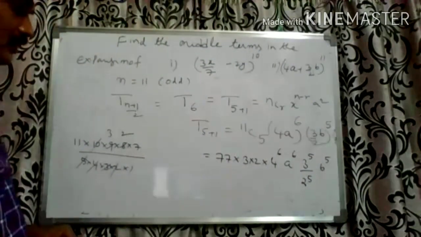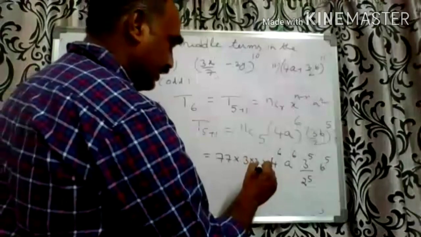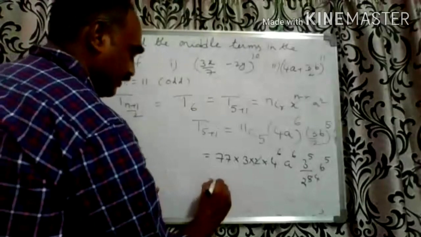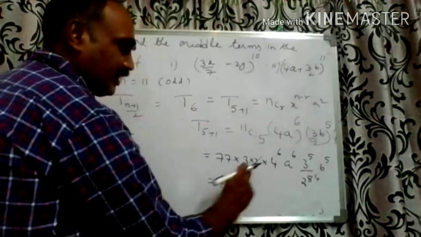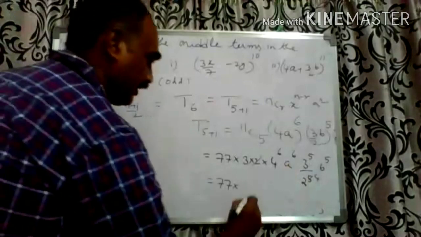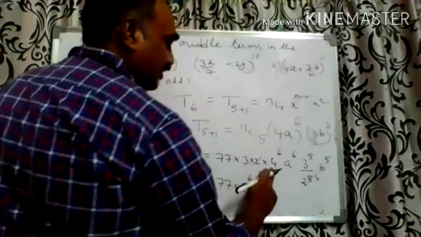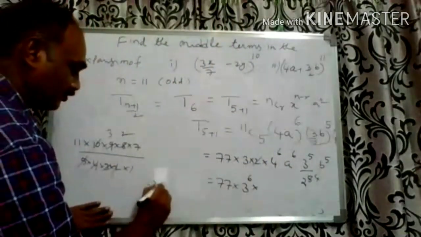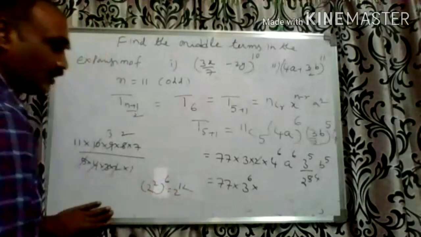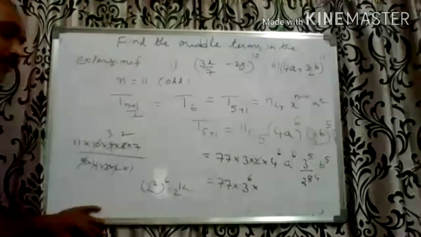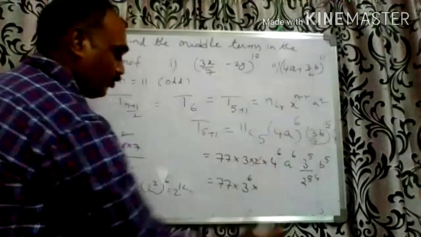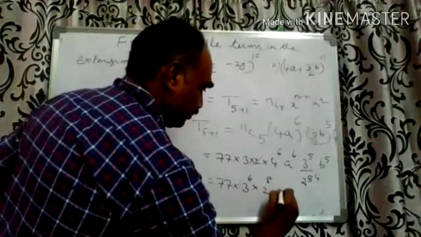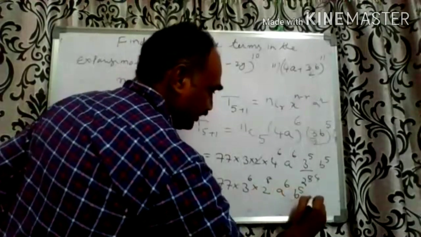So 2 gets cancelled, 2 power 4, 77 into 3 into 3 power 5, that is 3 power 6, into 4 power 6. 4 is equal to 2 square, whole power 6, 2 power 12. 2 power 12 by 2 power 4 is equal to 2 power 8. 2 power 8 into a power 6 into b power 5. This is the final answer.